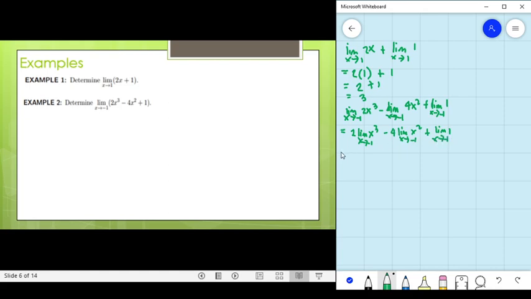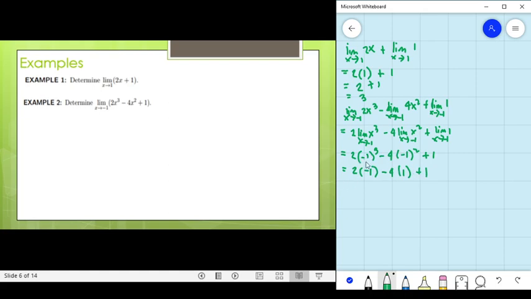In the first one we have 2 times the limit, which is similar to negative 1 to the third power, applying the power theorem, minus 4 times negative 1 squared, replacing x with negative 1, plus 1. So this is 2 times negative 1 minus 4 times 1 plus 1.